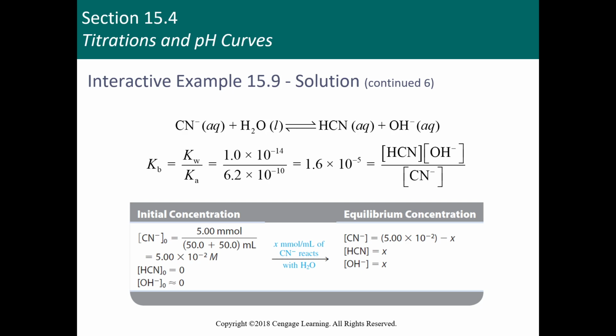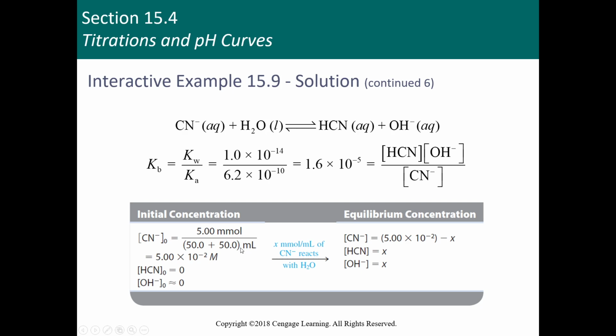And so what we have to do first is find the initial concentration of your CN minus. Your initial concentration of your CN minus is going to be the 5 millimoles you started with over the 50 milliliters you started with plus the 50 milliliters of base it would have taken to neutralize that.